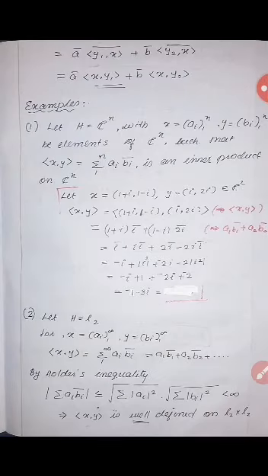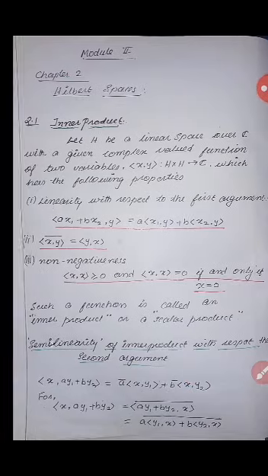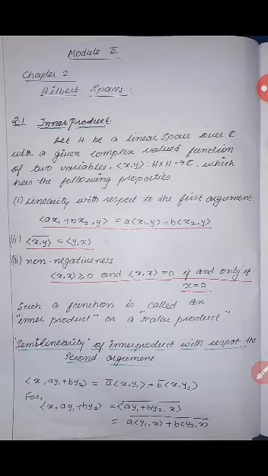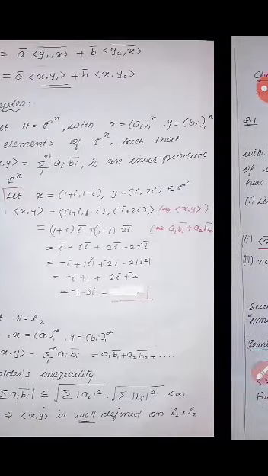Which is equal to a times the conjugate of inner product of y1 comma x plus b times the conjugate of inner product of y2 comma x, and this can be written as a conjugate into inner product of x comma y1 plus b conjugate into inner product of x comma y2. This is known as the semi-linearity of inner product with respect to the second argument.